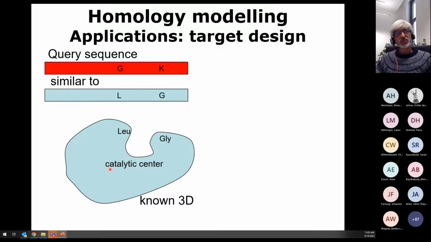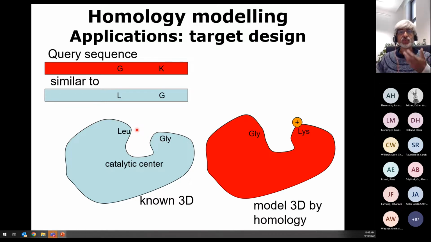And then, because you know the structure, you know the catalytic center and the residues involving the specificity of the catalytic center have been discussed. And then you do your model by homology because they are so similar. But then at the same time, you can compare the residues in the same positions, because residues that are equivalent in the alignment will end up in equivalent positions in the 3D.